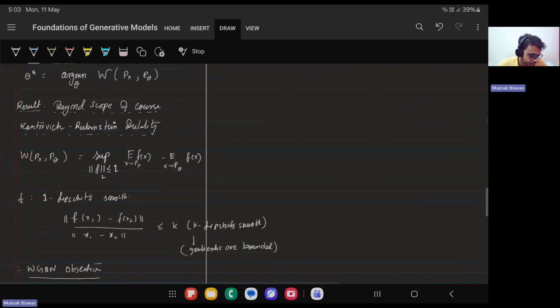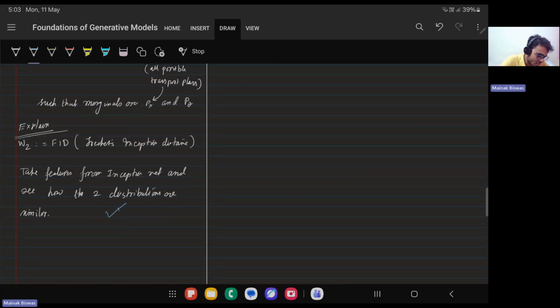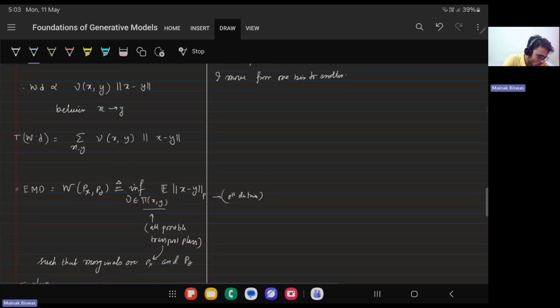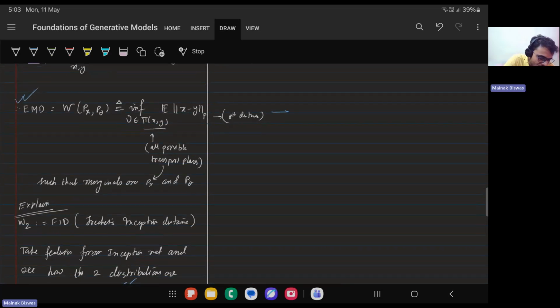So now we have understood what is Frechet Inception Distance. We have understood what is the Earth Mover's distance, and we have defined it as an infimum, or minimum, over all possible transport plans.